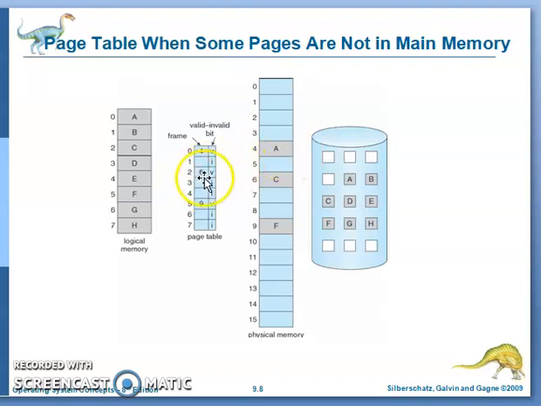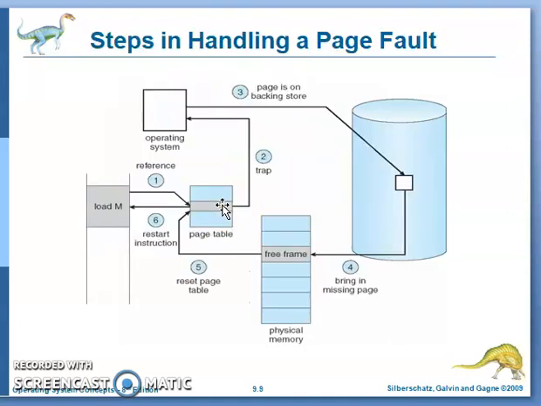Similarly, page 2, which is C, is at frame 6. Page 5, F, is at frame 9. Only 3 pages, page 0, page 2 and page 5, are in physical memory. The remaining pages are not in physical memory. Those you get from the secondary memory. This is the page table when some pages are not in main memory.